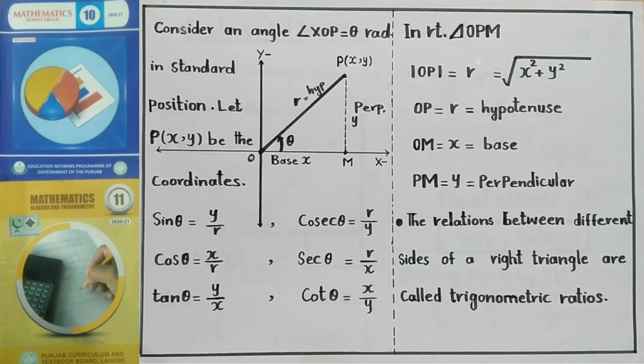These are very important for matric students, for FSC students, especially for mathematics and physics up to BS honors levels, MSc levels. These are the basic formulas of trigonometry that should be learned clearly by the students of mathematics and physics.